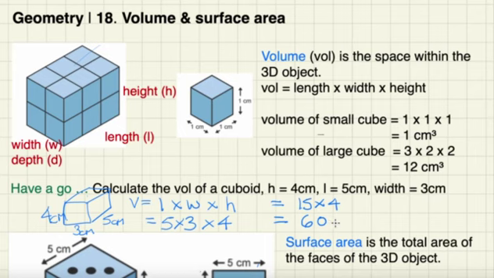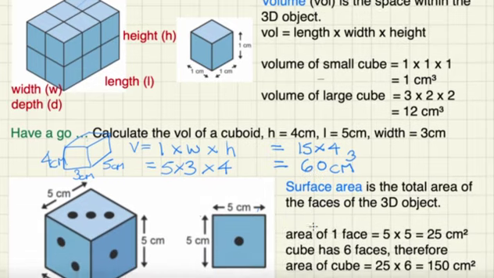Then we can't forget the units. Let's refer back now. These are centimeters. There are 3 lots of them, and we multiply them together. So that must be 60 cubic centimeters, or centimeters to the power 3.